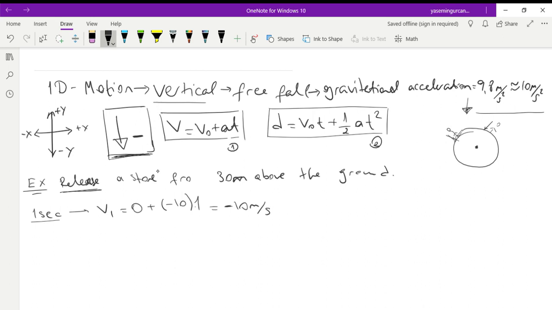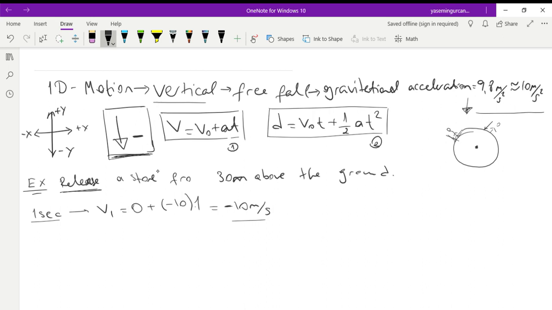Vectors are defined with magnitude and direction. In physics, these signs, positives and negatives, are used for direction. So you cannot have a negative speed. You cannot have a negative magnitude of a force. Magnitudes are always positive. Don't forget about that.